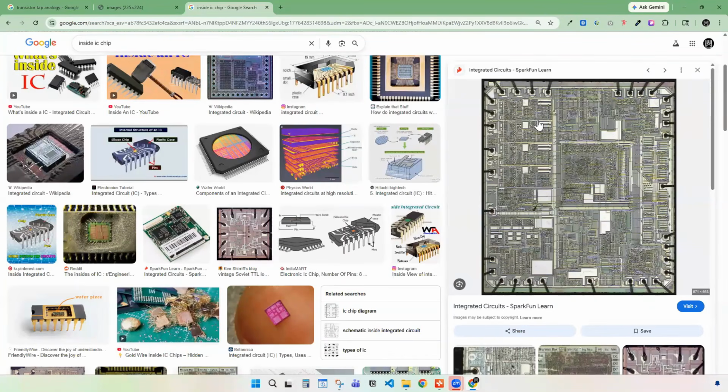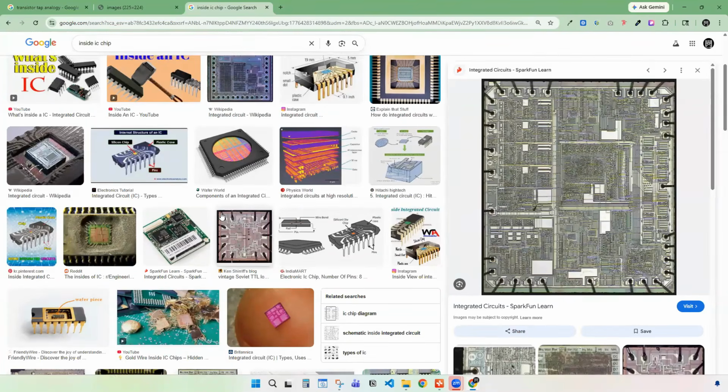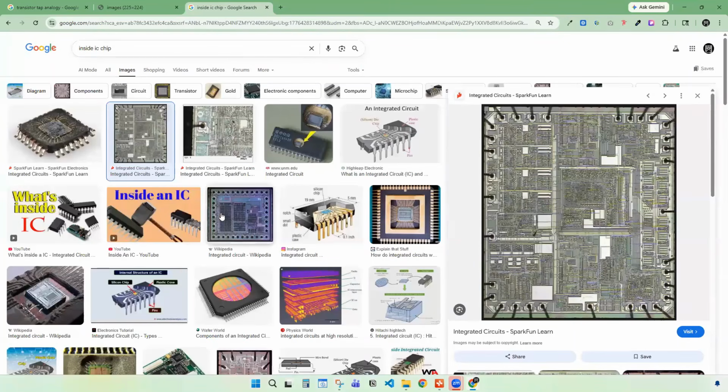That's why, inside the chip, there will be millions of transistors and switches, so that it is helpful for doing tasks for us.